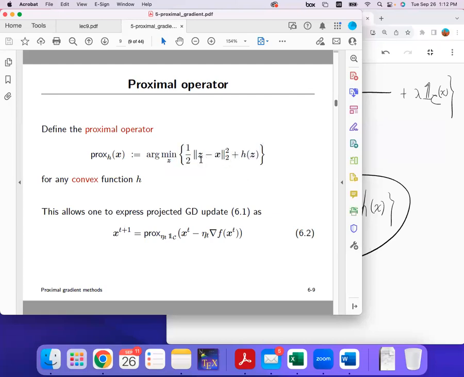This part is strongly convex in z because it's a quadratic Euclidean distance, and h(z) we assume is a convex function. So a convex plus strongly convex. So the entire problem is a strongly convex optimization problem. This is the definition of this operator. It takes x as the input and maps this point to the minimizer of this optimization problem.